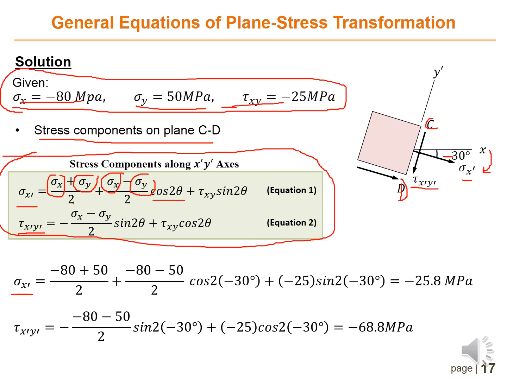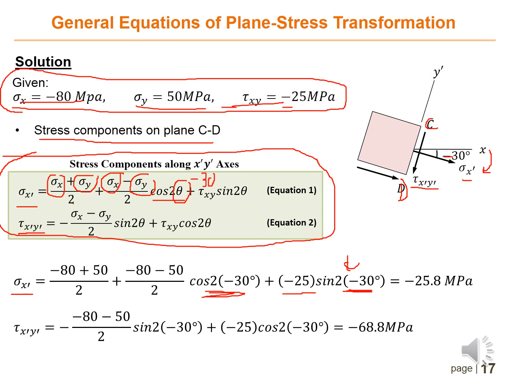For theta you substitute negative 30 degrees, and then plus tau xy, which is negative 25, times sine of 2 times negative 30 degrees. So you will get sigma x prime equals negative 25.8 megapascal.